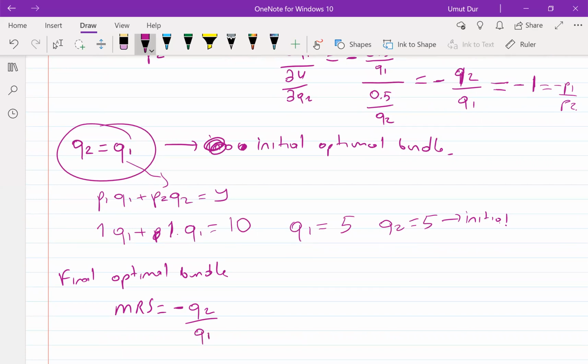Minus Q2 over Q1 is equal to, now that the price of good 1 has increased to 2, minus 2 over 1, which means that now Q2 is equal to 2Q1. This is the relation between Q2 and Q1 for the final optimal bundle.